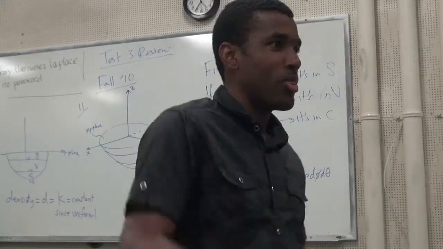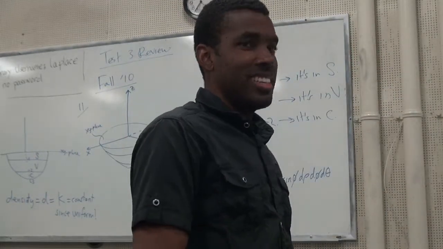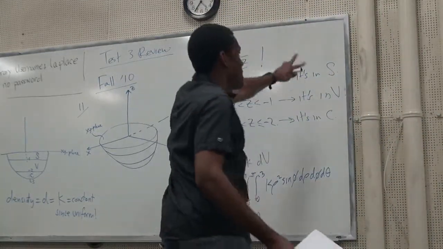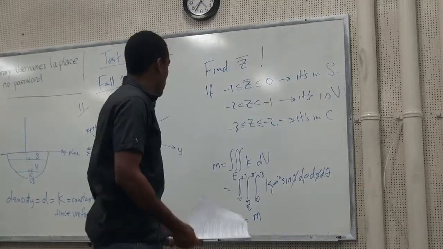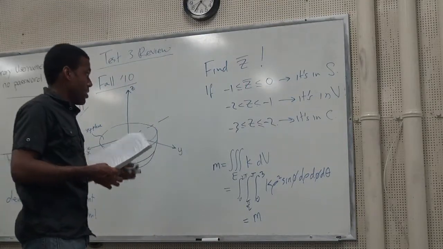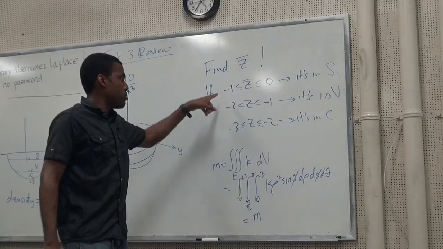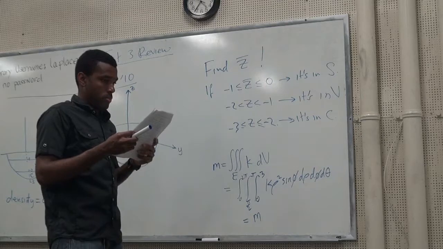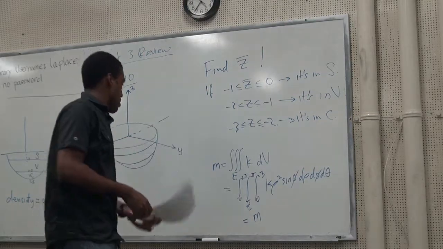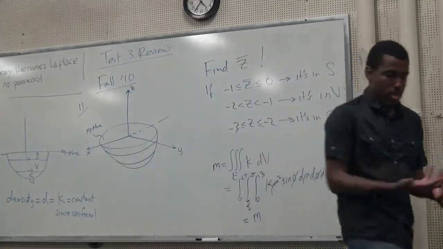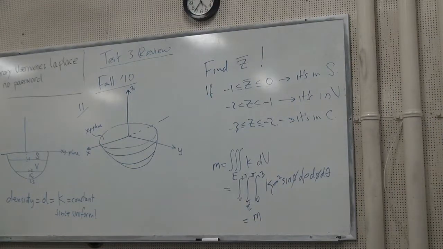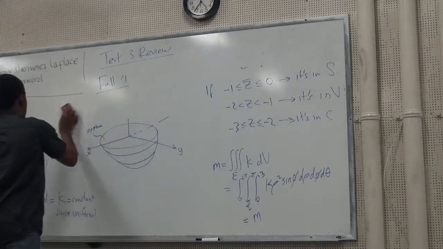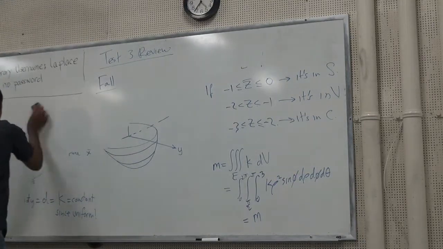Your ice cream's gonna fall out. You could do that, but you rearrange the C, the S, and the V. We could pretend there's no gravity. The C would be between positive 2 and 3, positive 1 and 2, 0 and positive 1. Yeah, I just have it like that because it's a cup.